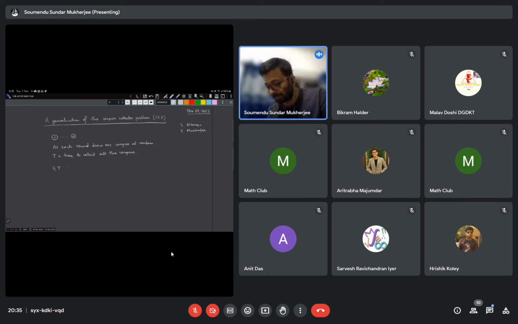How do you go about it? To collect the first coupon, you need one round definitely. After that, let's see how long you need on an average to collect the next new coupon. You have collected one coupon already, so in the next trial, the probability that you will draw a new coupon is n minus 1 over n.